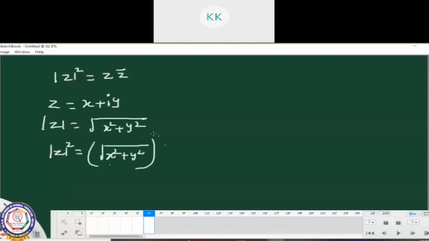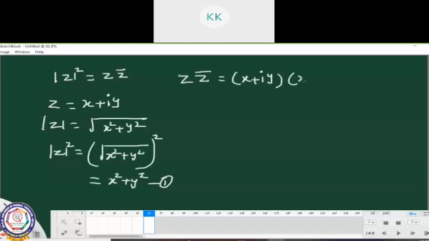So what is the value you are getting here? x square plus y square. Now see z into z bar. z into z bar equal to x plus iy into x minus iy.